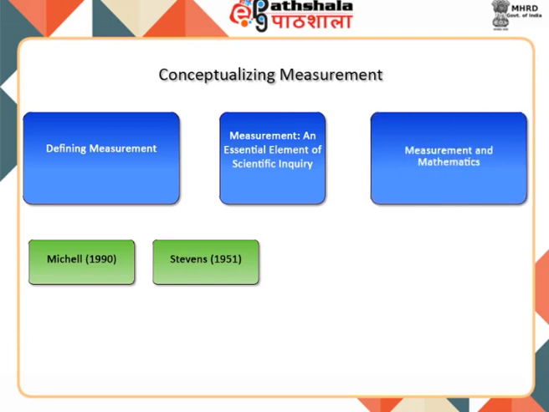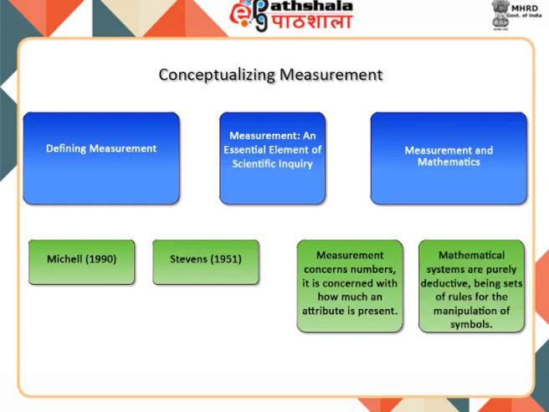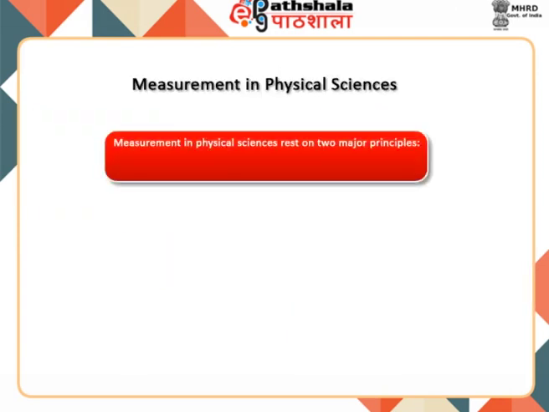Comparing mathematics and measurement, it can be said that measurement concerns numbers. It is concerned with how much an attribute is present, whereas mathematical systems are purely deductive sets of rules for the manipulation of symbols. Measurement in physical sciences rests on two major principles.